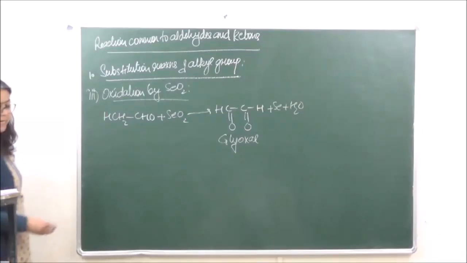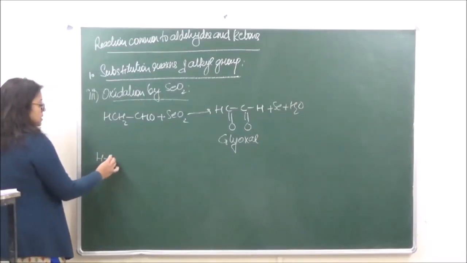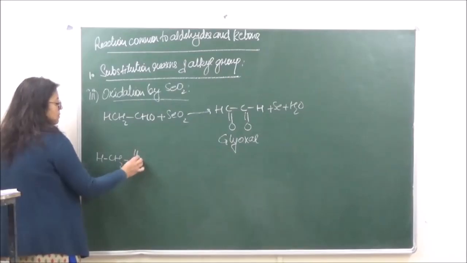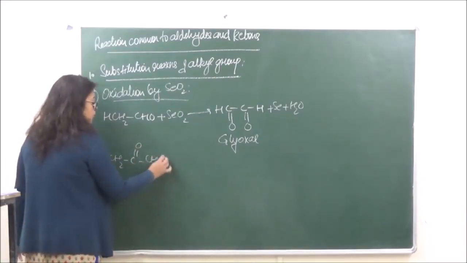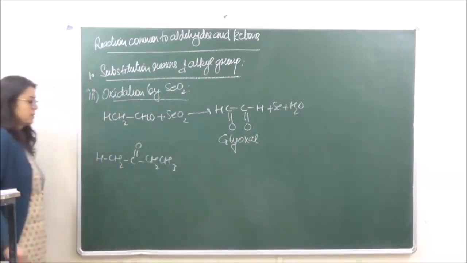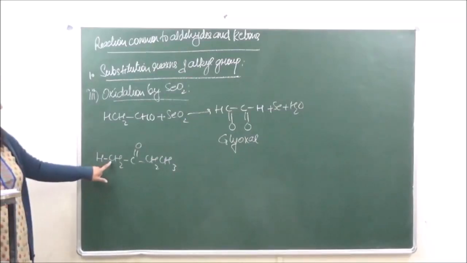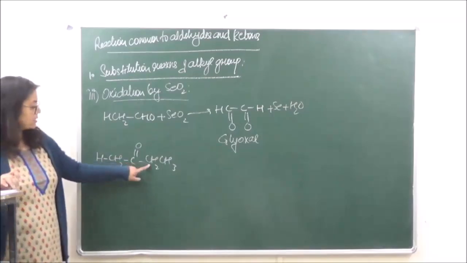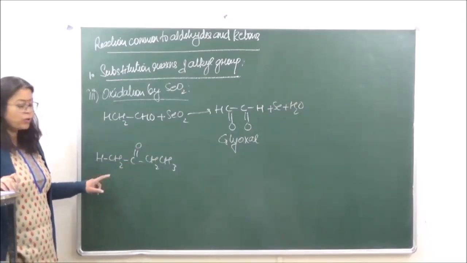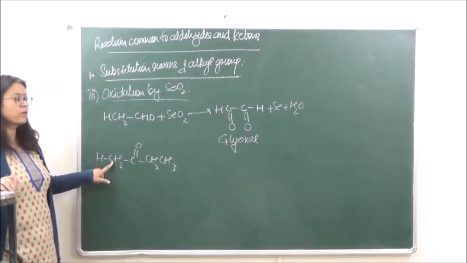Or if you're taking any compound of the type CH3, C double bond O, CH2, CH3, we're taking a ketone over here, so it is going to be this and this. It's going to be this carbon atom which is going to get oxidized.